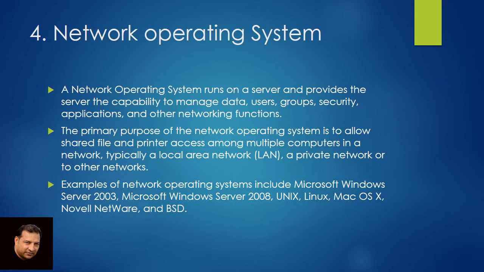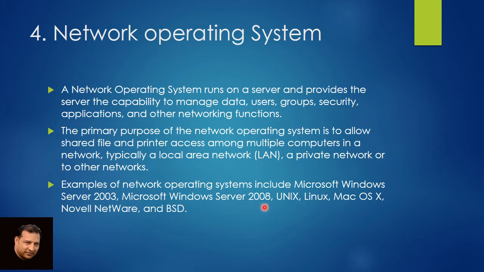Now we have network operating system. A network operating system runs on a server and provides the server capability to manage data, users, groups, security, applications, and other networking functions. Its main purpose is to allow sharing of files and printer access among multiple computers in a network. For example, in a local area network, a private network, or to other networks.